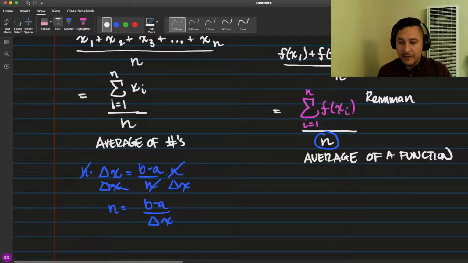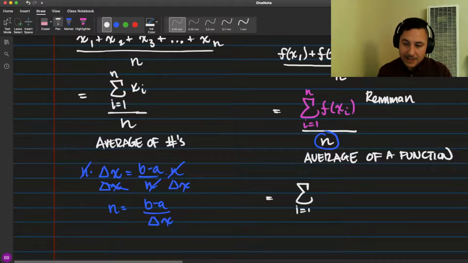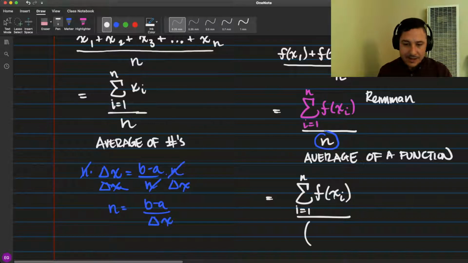So we can continue over here, and we could say, well, what you have here is sigma i equals 1 to n of f of xi, and that's now divided by b minus a over n.